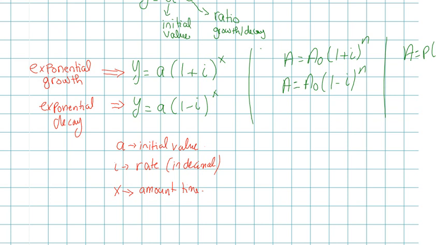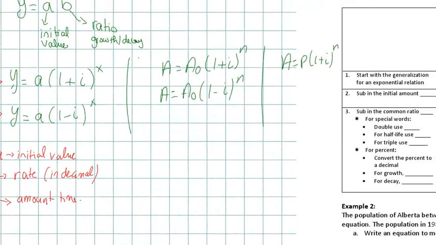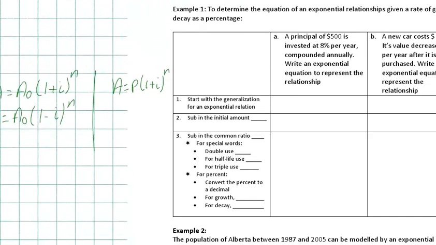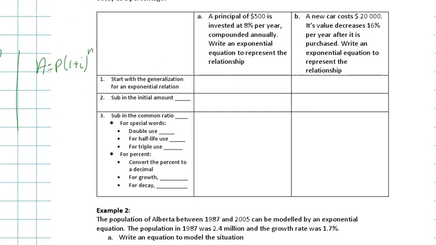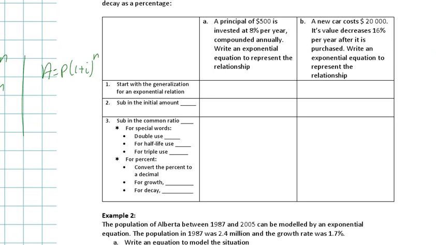Okay, let's look at an example. A principal means the first amount, so the amount that you put in the bank. So a principal of $500 is invested at 8% per year, compounded annually.